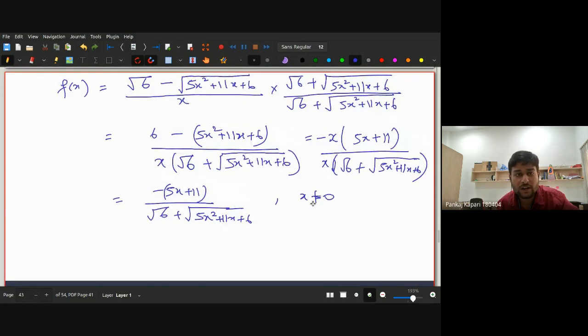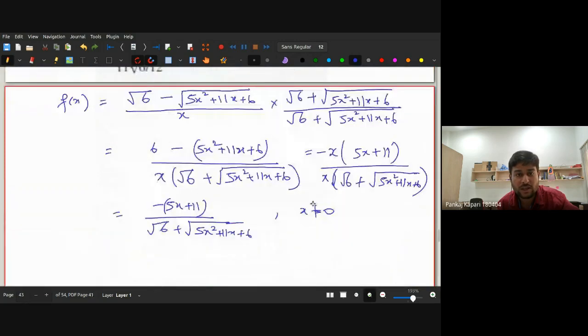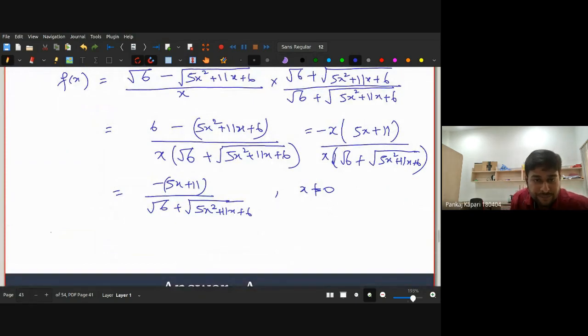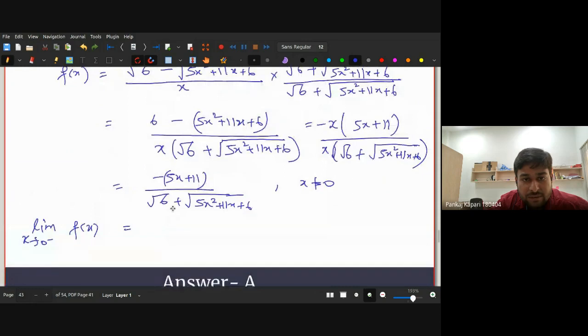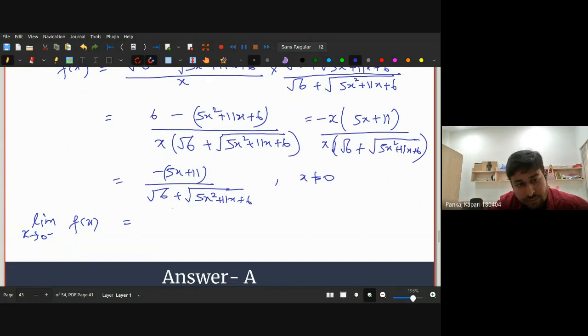And now notice that we are approaching x from the left hand side. So limit x approaching 0 from the left hand side of f(x). Because you are approaching from the left hand side, instead of x you can put minus t.